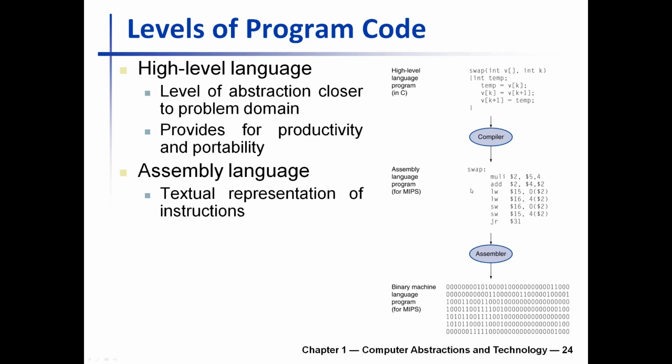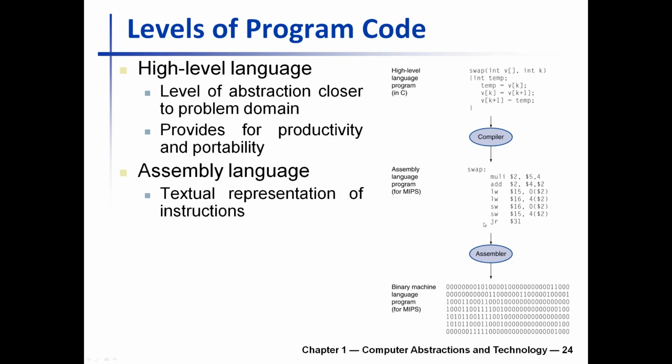Different instructions in the instruction set, we get them. We try and represent the high-level program using a sequence of instructions. That is what the compiler does. So the output of the compiler is basically a textual representation of instructions, right? These are not ones and zeros. This is a textual representation. So we have how many instructions? 1, 2, 3, 4, 5, 6, 7 instructions to implement this swap function.